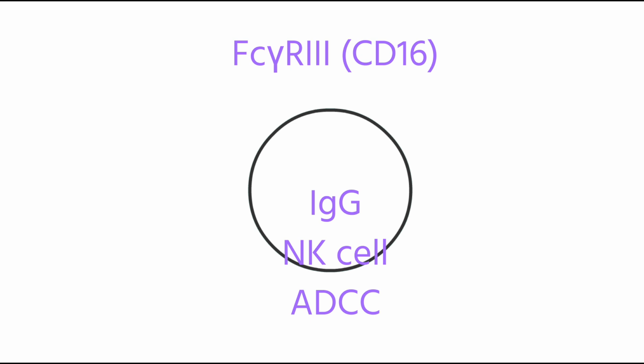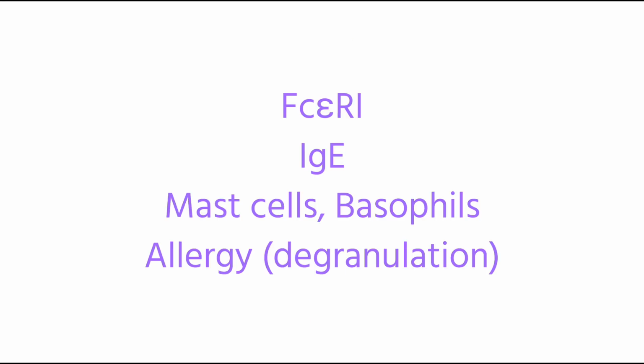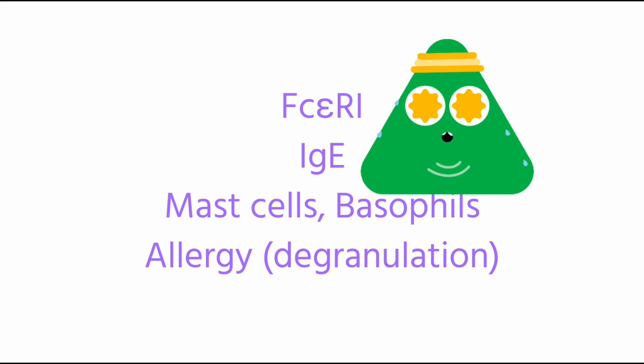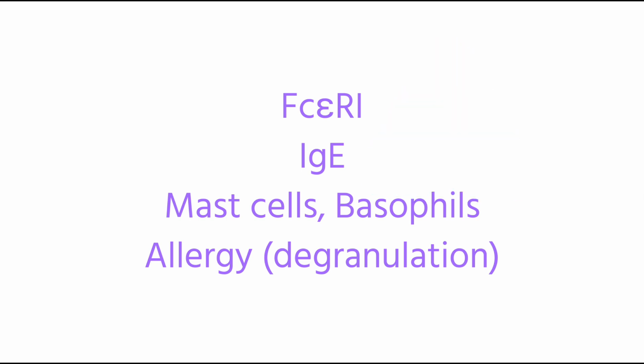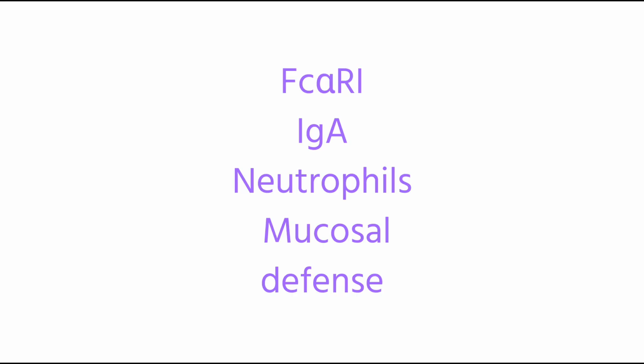Then Fc epsilon R1 binds IgE, is expressed on mast cells and basophils, and functions in allergy and degranulation. These bind to the constant Fc portion of an antibody to mediate the effector function.